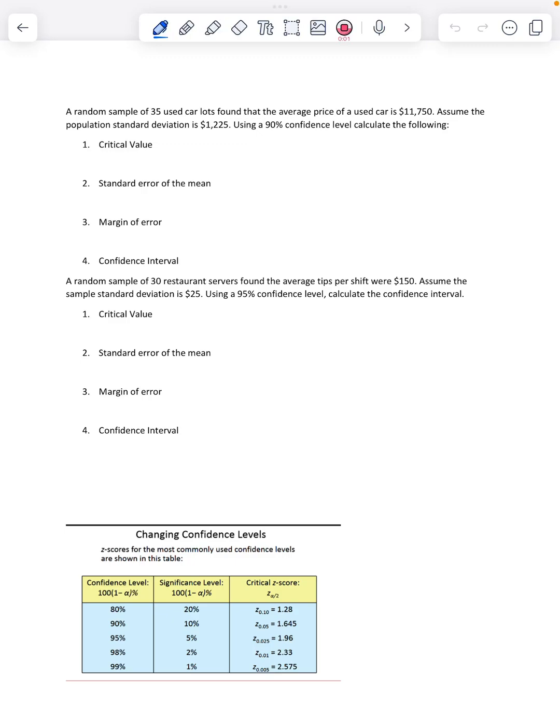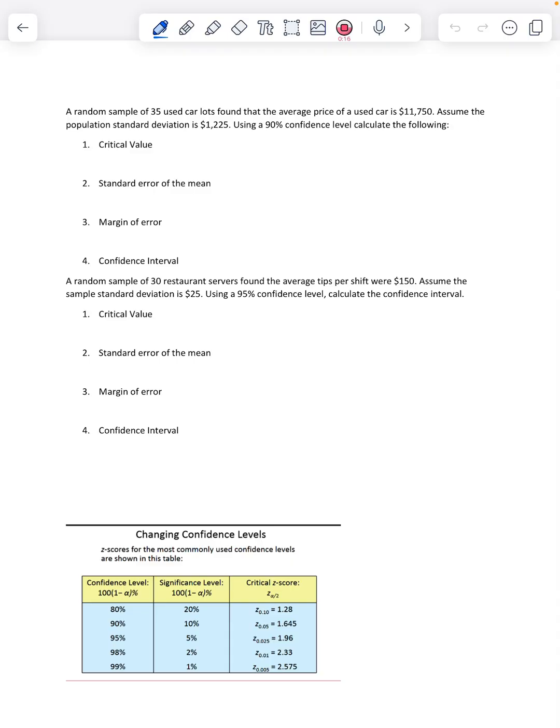Okay, so what we're going to look at today is confidence intervals. Confidence intervals are simply the range around the mean.